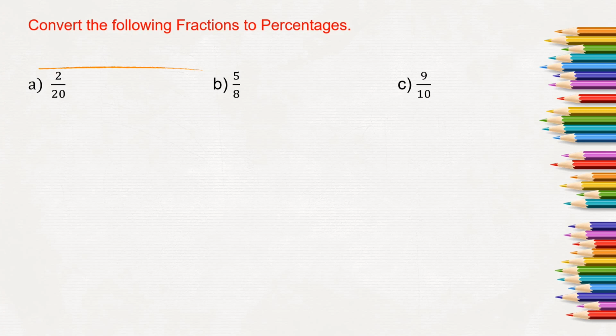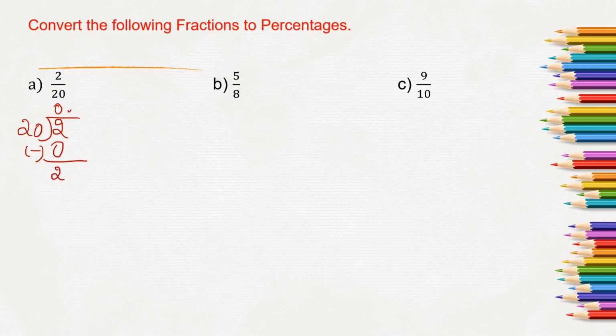Now here we'll have to divide 2 by 20. 2 one time 20 is not possible, as 20 is a bigger number than 2. So we'll take 0 times. 20 times 0 is 0, and from 2 take away 0, so we're left with 2 itself.